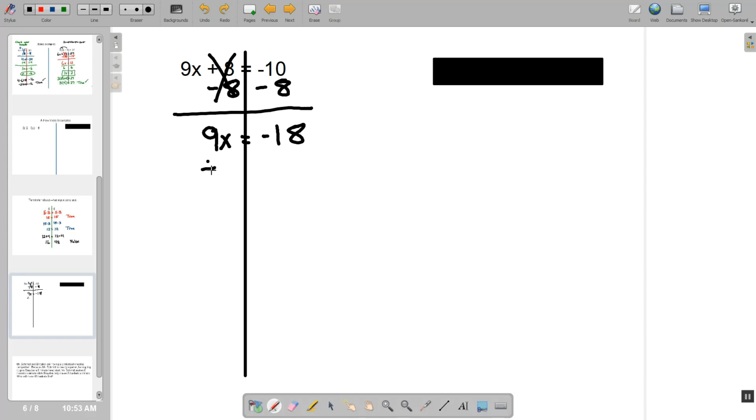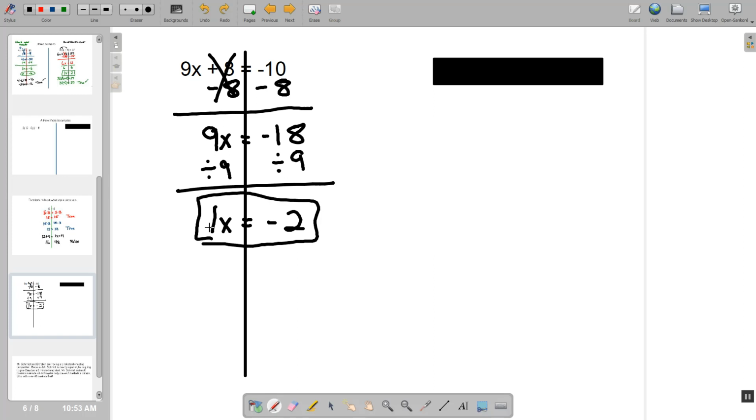From here, I can divide both sides by 9. 9 divided by 9 is 1x. Negative 18 divided by 9 is a negative 2. And that should be my answer. Now, like always, I have to check my answer. So I'm going to plug in negative 2 instead of x in the initial problem.